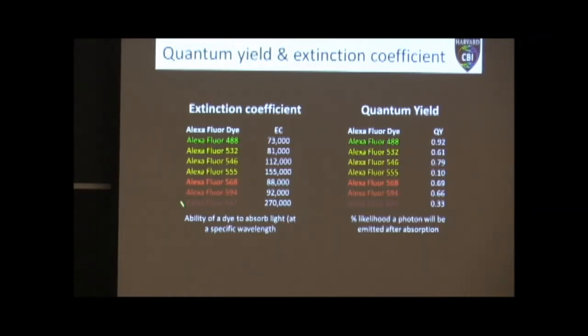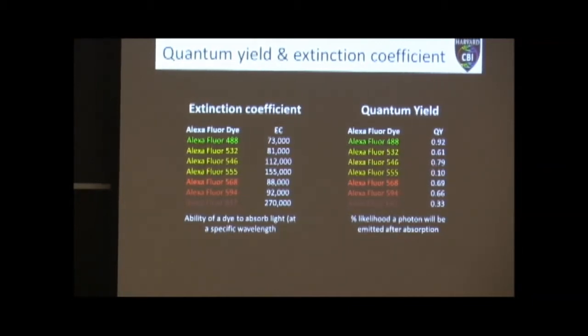So what you can see is that a dye might be really good at absorbing light, but not very good at re-emitting a photon, or vice versa. So these numbers alone don't really tell us a lot about, they aren't the best way to find the perfect dye. So does anybody have a really simple idea of a better measure to sort of combine both of these?